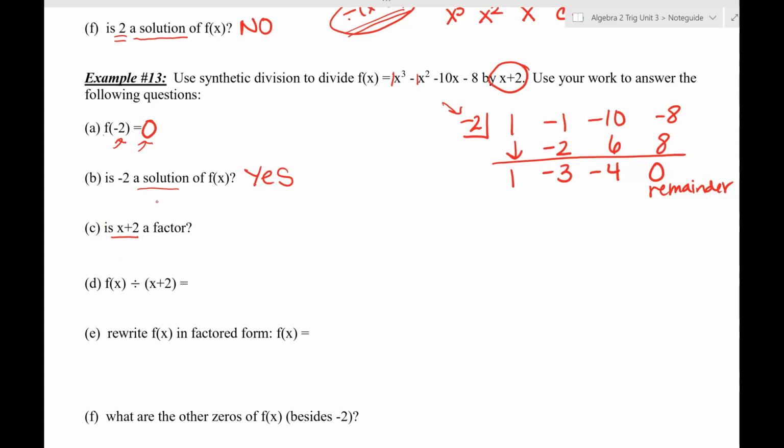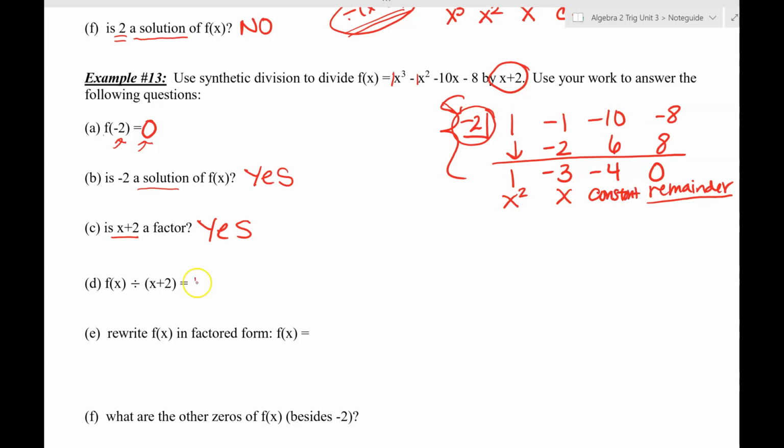Yes, x plus 2 is a factor because this synthetic process is showing division by x plus 2 when we're using a -2 in the box, and it had a 0 as a remainder, which means it is a factor of that polynomial. Part D, what is f of x divided by x plus 2? That's asking for our quotient or our answer. And in this case, we should be getting a quadratic.